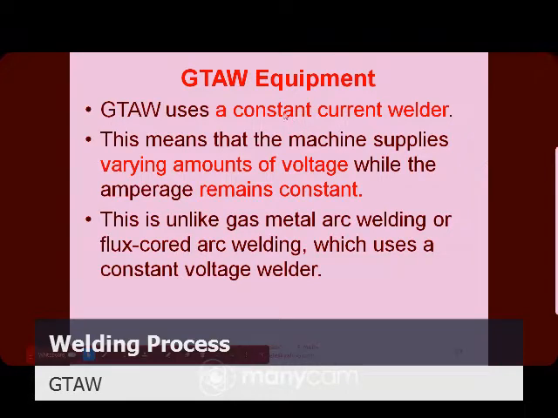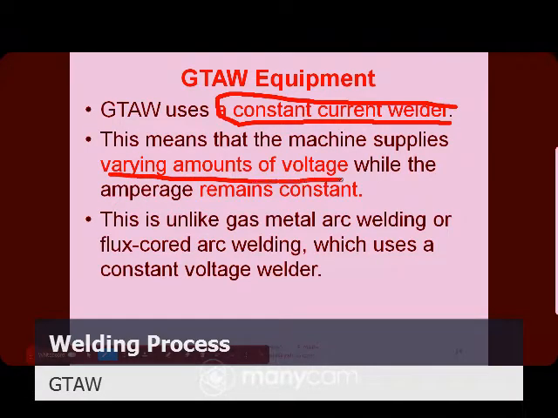what their functions are. So as you see, gas tungsten arc welding uses a constant current power source. This means that the machine supplies varying amounts of voltage when the current is constant.